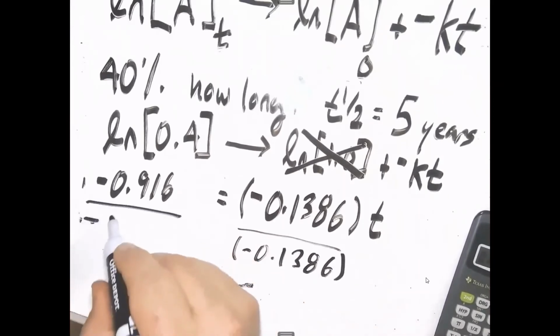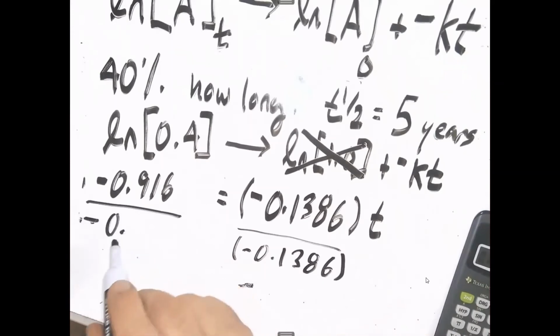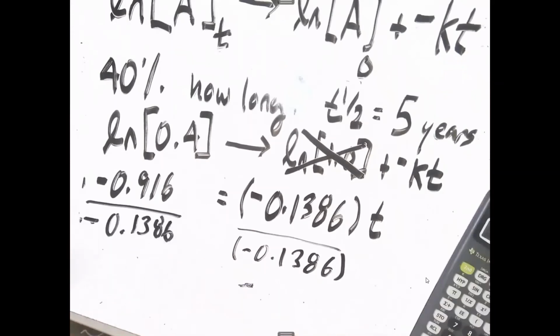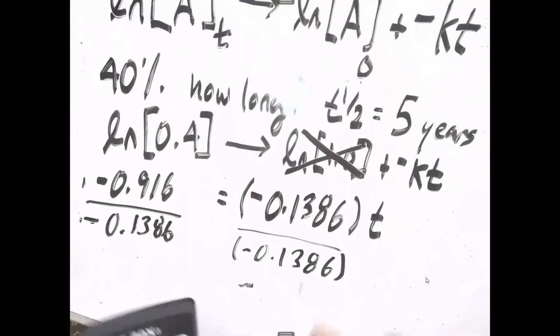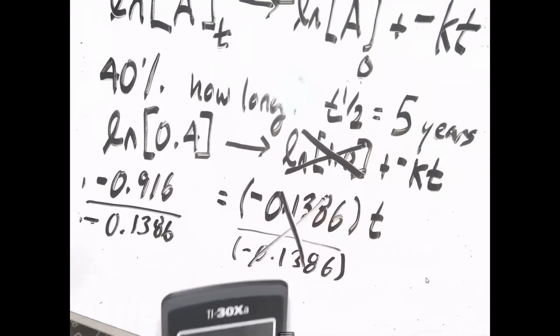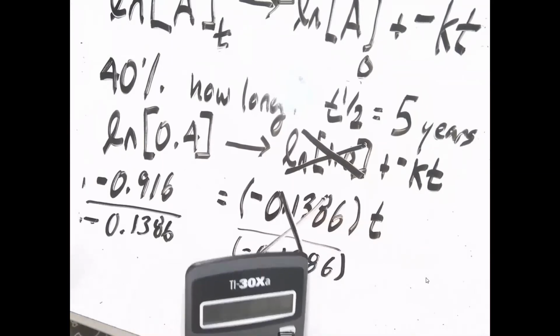Notice that when we do this, the two negative signs over here will cancel out. Now this just becomes math. And so 0.916 divided by 0.1386.